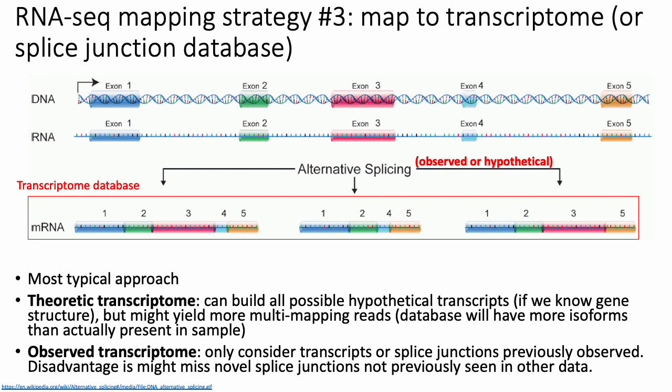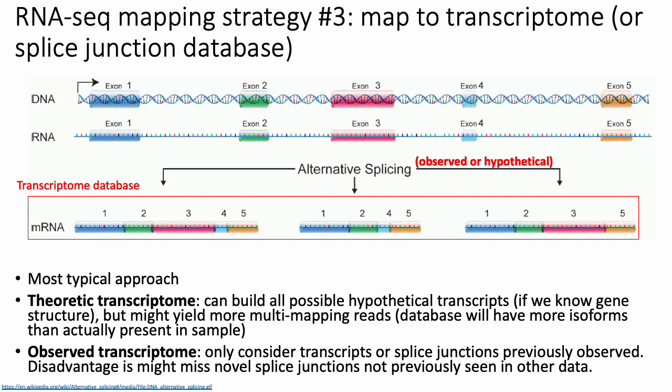And so the two ways of doing this are either theoretically or observed. And so the theoretic transcriptome databases basically just says, okay, well, if I know where all the exons are, then I can build all possible hypothetical transcripts that you could make by combining all of the exons in all the different ways that they can be combined. And then basically I'll just make a huge database of possible transcriptomes. And then now when I have a new RNA-seq experiment, I can take the reads, I can just map them against all of the possible isoforms.